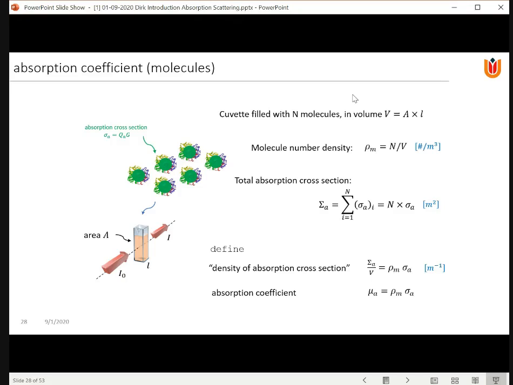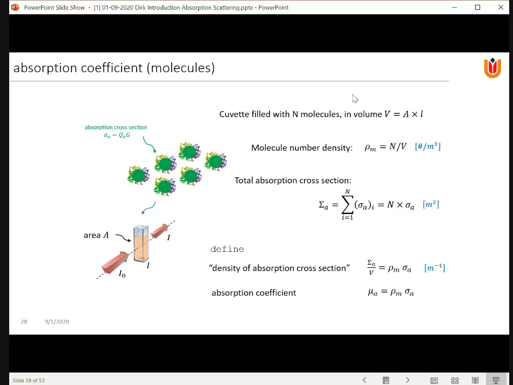Combining the equations on this slide, we see that n divided by V becomes rho, the molecular number density. So we have a relation between the absorption coefficient, symbol mu_a, and the absorption cross-section of a single molecule, sigma_a: mu_a is rho, the molecular density, times sigma_a.